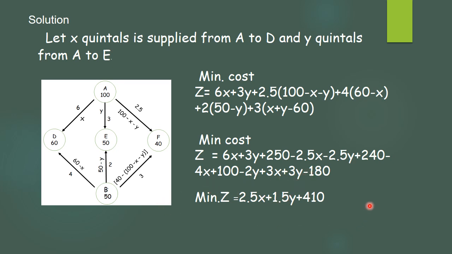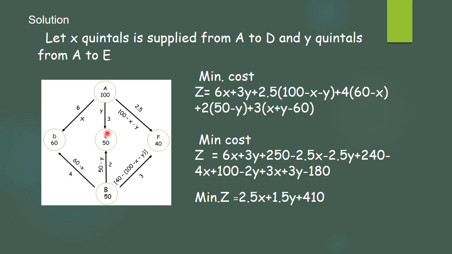So this is our function. So the cost function is minimize z equal to 2.5x plus 1.5y plus 210. Now we require the constraints, correct, subject to constraints. One is always x is greater than or equal to 0, y is greater than or equal to 0, that we get directly.